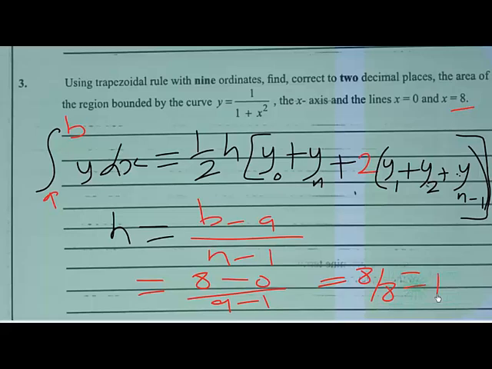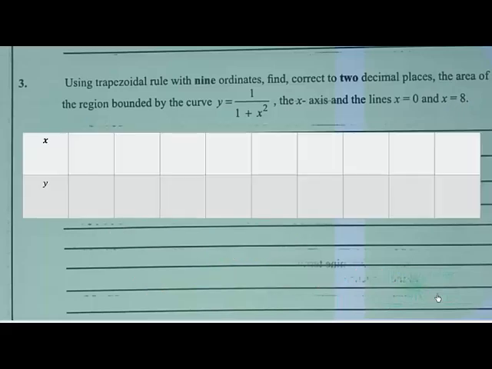So now we can construct a table of values, starting at x equals 0, because the function we are dealing with is the integral from x equals 0 to x equals 8 of y, where y is 1 over 1 plus x squared dx.